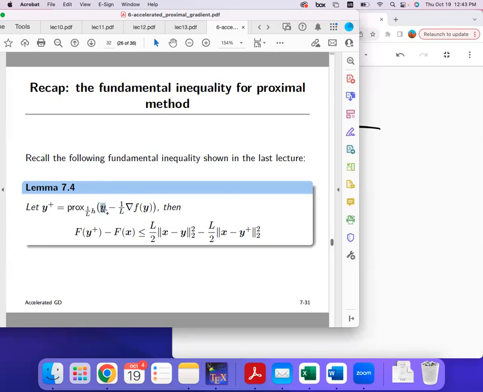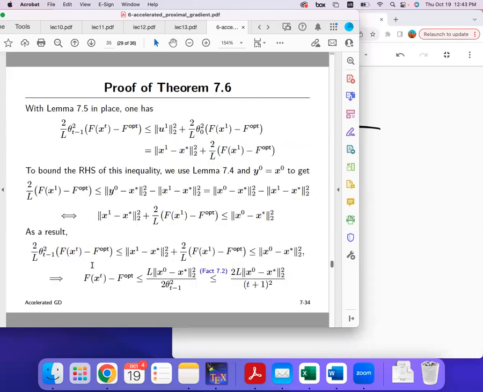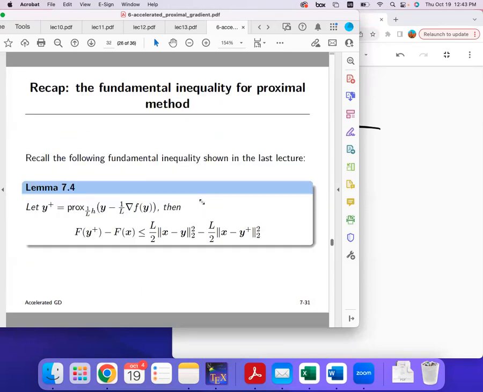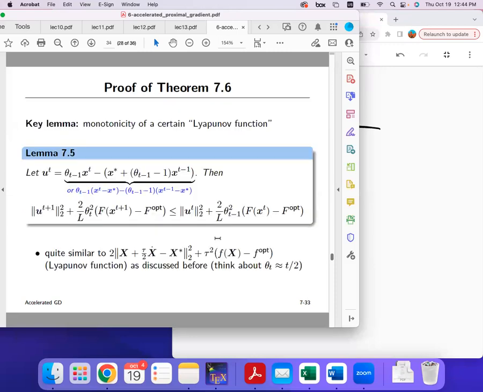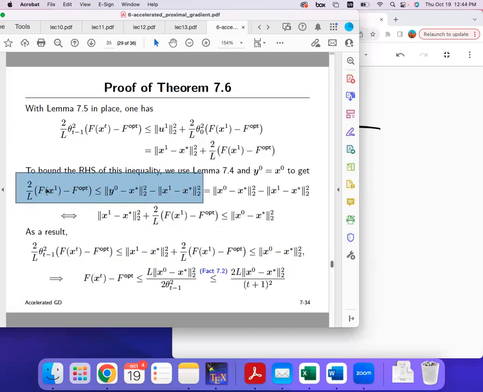If you set this x and y to be equal to x_0, the starting point of the algorithm, then we can get this bound. This directly comes from 7.4. Right? The function value difference is bounded by the difference of these two quadratic terms.